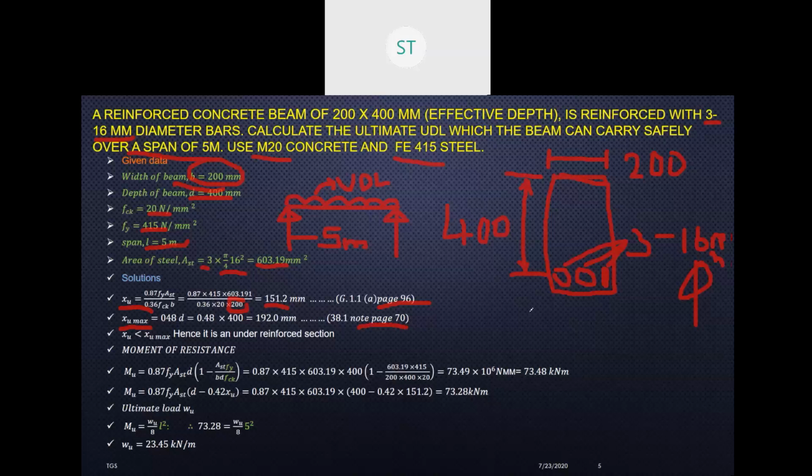Our fy is 415. For 415, Xu max by d is 0.48. Therefore, Xu max is equal to 0.48 into d. Substitute the value of d: 0.48 into 400, then we get the value 192.